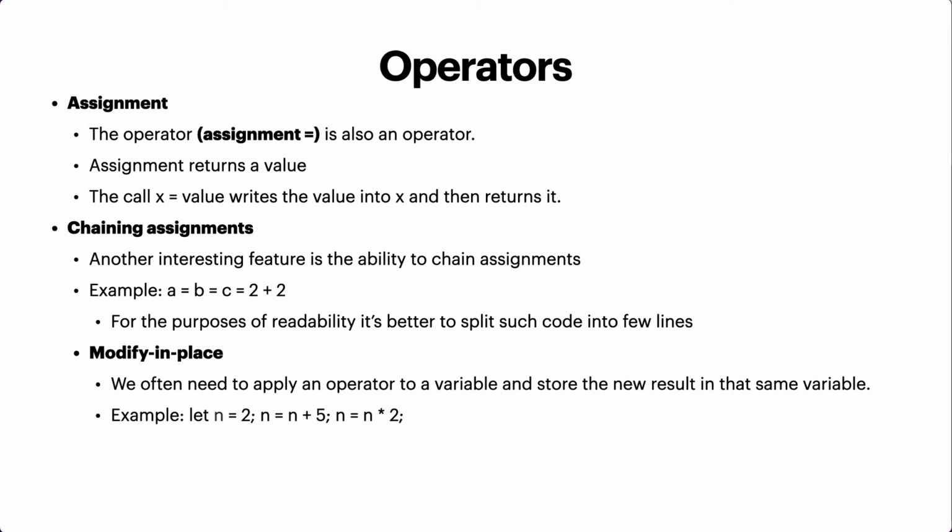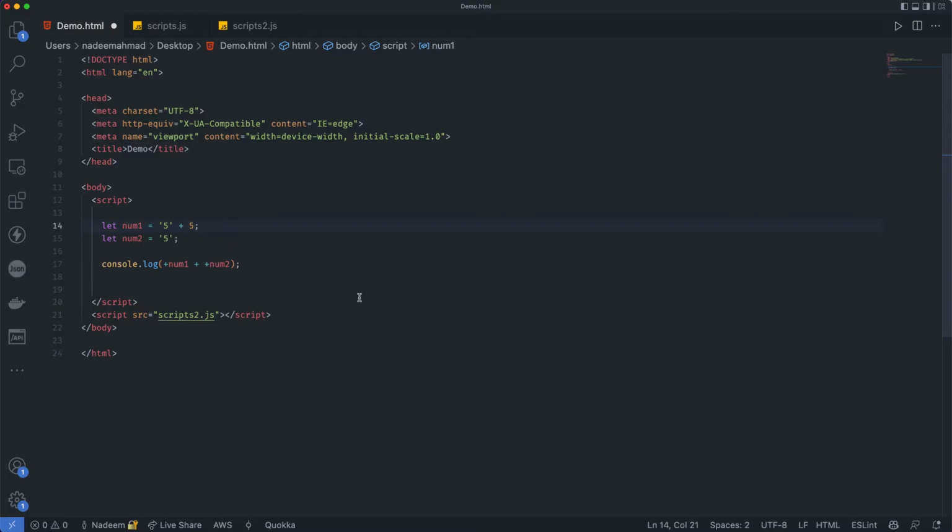Modifying in place. We often need to apply an operator to a variable and store the new result in that same variable. For example, multiply in place. Say we have a variable num1 with value 5, and then we do num1 equals num1 plus 5.